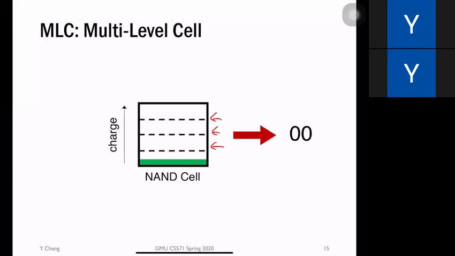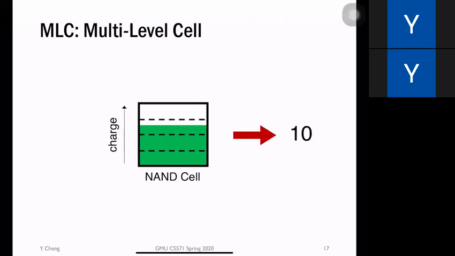As you can see, it can represent 2 bits. So each cell represents 2 bits, which means 4 states, okay? 0, 0, 0, 1, 1, 0, 1, 1, these 4 different states. If the level is above the lowest threshold but below the middle threshold, it represents 0, 1, okay?